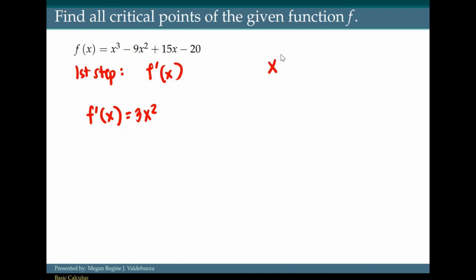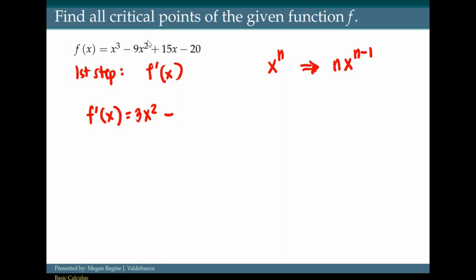Power rule, if we have a function x to the power of n, then the derivative is n x to the n minus 1. So we copy the exponent 3, copy x, then 3 minus 1, that will give us 2.